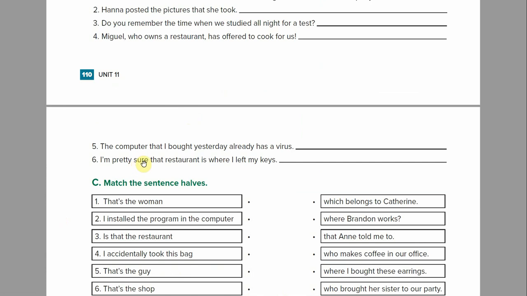So in this case, that is just saying that restaurant, but which restaurant is where I left my keys. So where is the word that connects and is referring to that restaurant. So write that restaurant here. So which restaurant? That restaurant, but that restaurant where I left my keys. So that is going back to here.